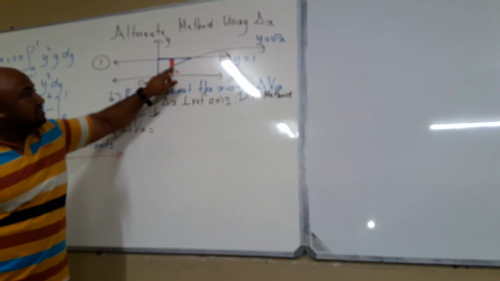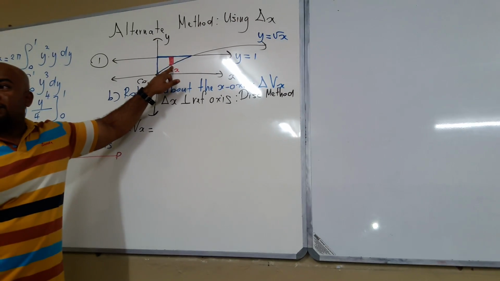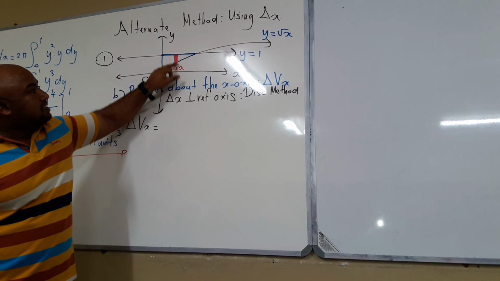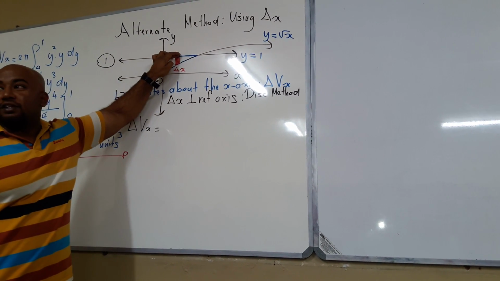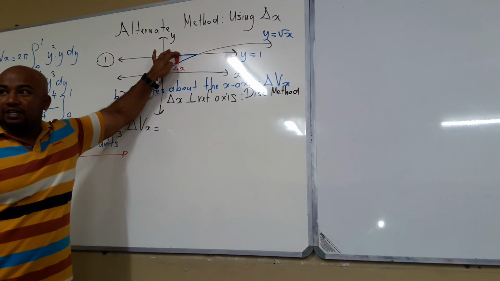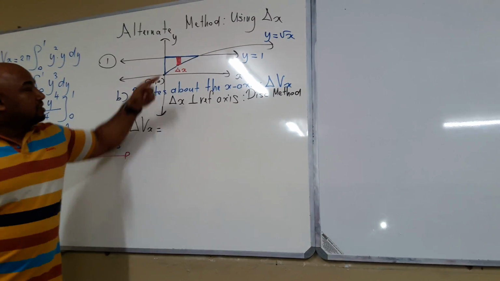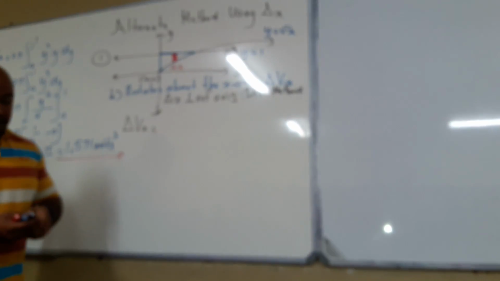The bottom starts at the point on the curve y is equal to square root of x, and it ends at a point on the curve y is equal to 1. Can you see that? So we are dealing with two graphs now. Right, so we are now rotating about the x-axis.